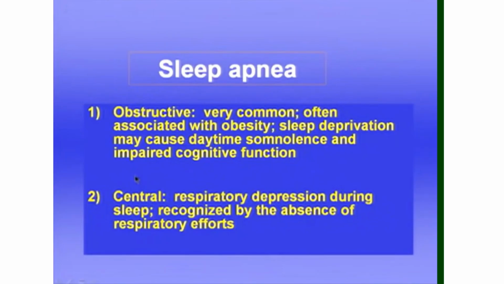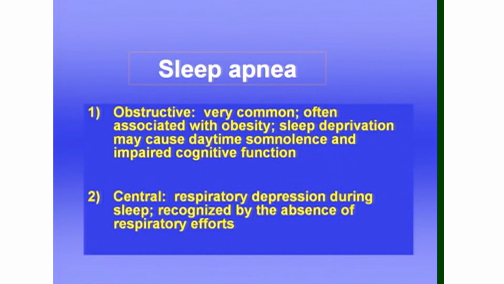There's also a form of sleep apnea called central sleep apnea. That's caused by respiratory depression during sleep. Do you remember I mentioned that the PCO2 tends to rise a little bit during sleep, and some people get a more pronounced depression of respiration, and that's called central apnea.